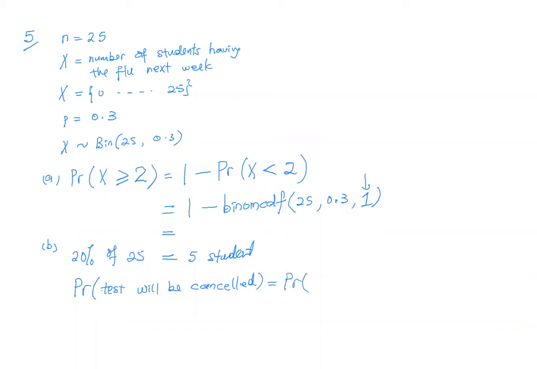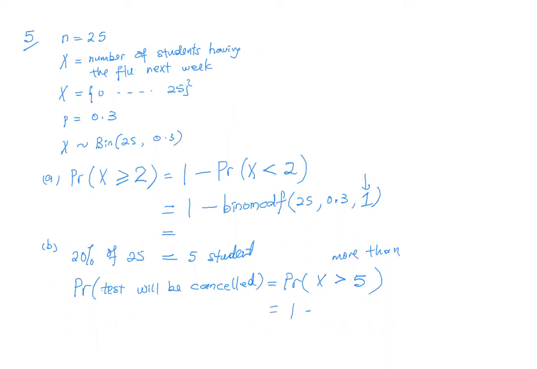If X is more than 5. More than 20%. So can I have equal? If I have more than, can I have equal? No. So that means X must be more than 5. More than 20% of the students have flu. Right?